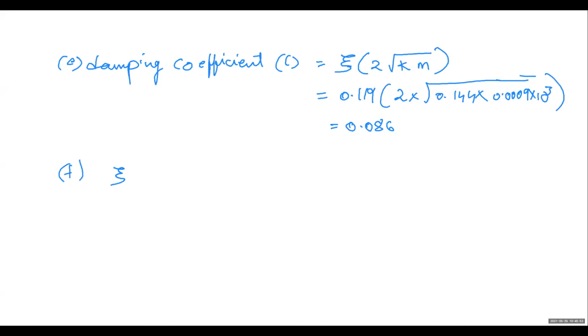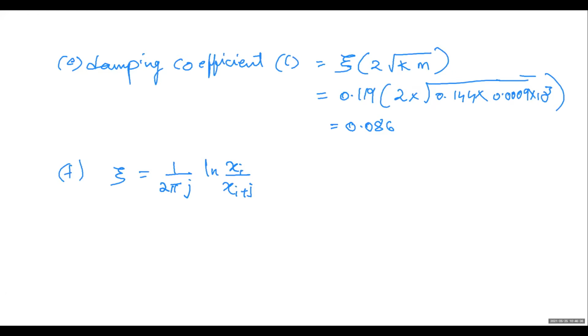This is the free vibration calculating the damping ratio. So the damping ratio formula, whatever we have used, 1 by 2 pi ln of xi by xi plus j. You are calculating the amplitude. So what should be the amplitude? That is to reduce it to 5 mm.